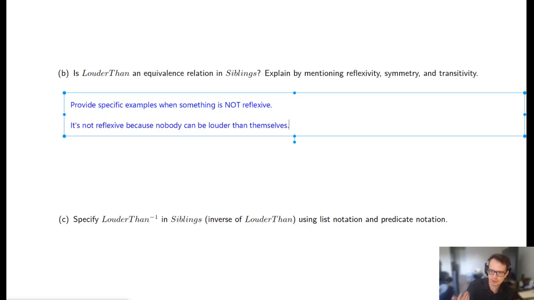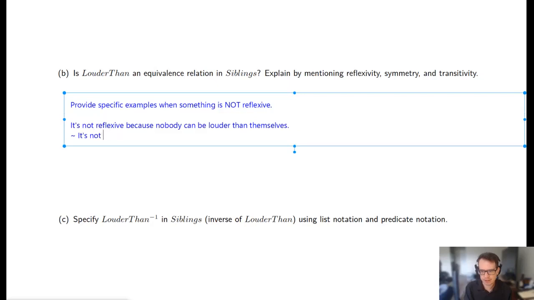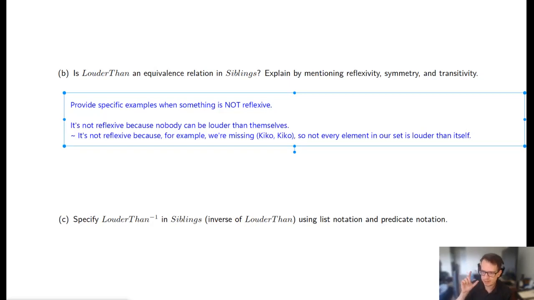But this question asks about the equivalence relation in siblings. So this is a specific circumstance. So it's better in this case to give specific evidence and say it's not reflexive because, for example, we're missing Kiko, so not every element in our set is louder than itself, something like that. So there's a specific example that's missing that shows it's not reflexive.